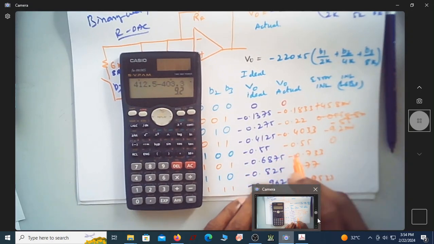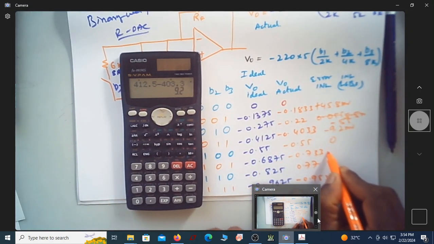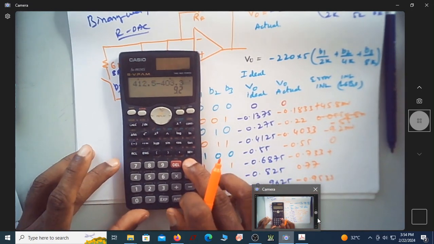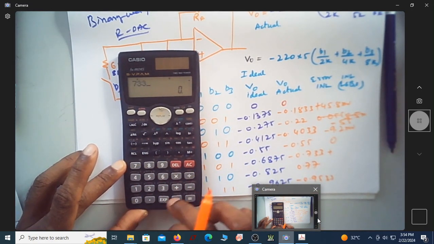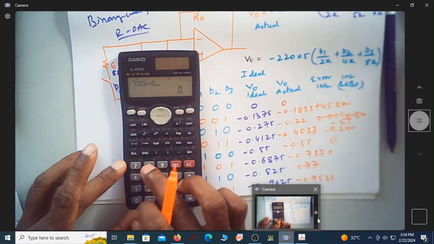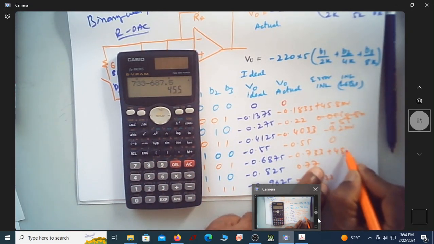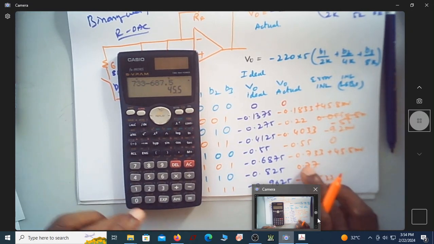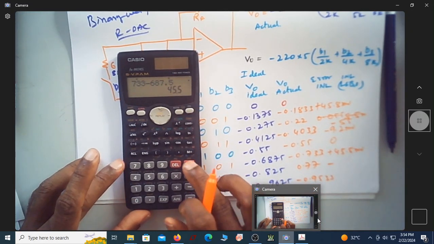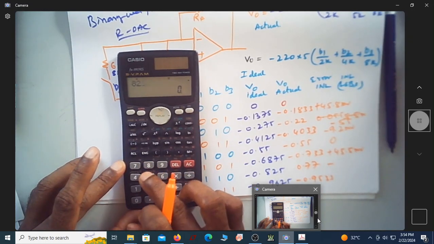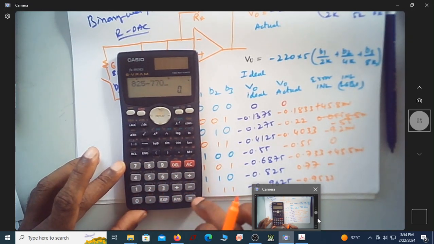So here it is 0. Here you are overestimating it by 733 minus 687.5. It's plus 45.5 millivolt. Here you are again underestimating it by 825 minus 770.